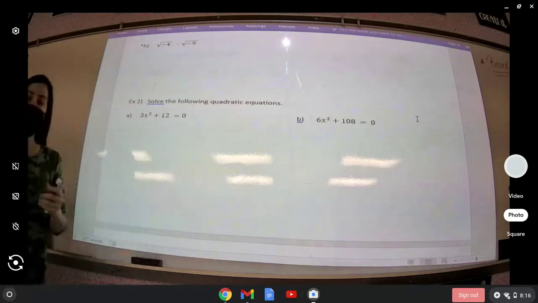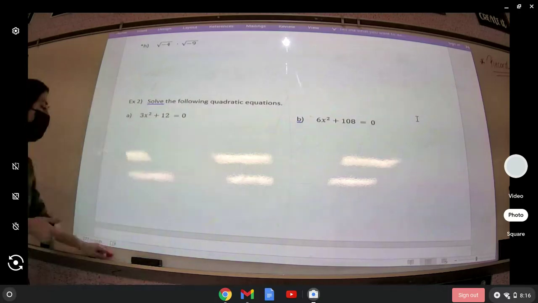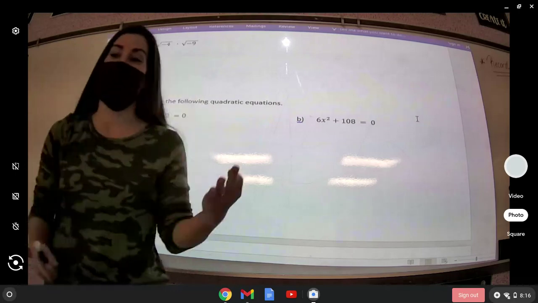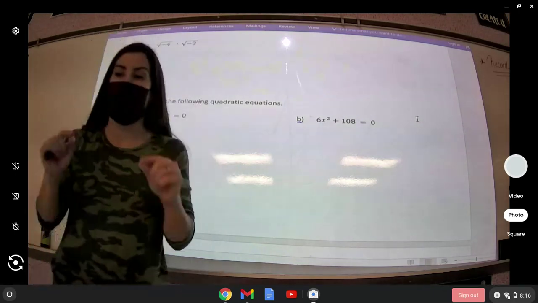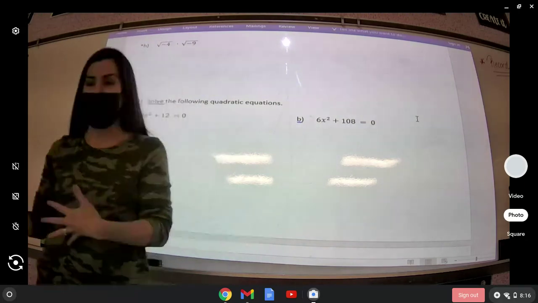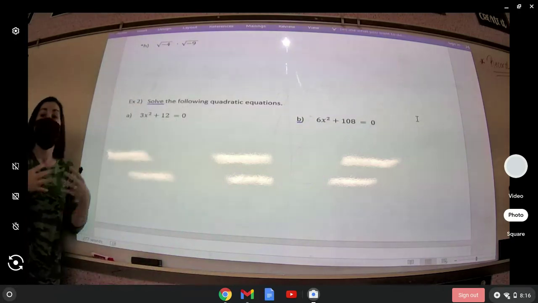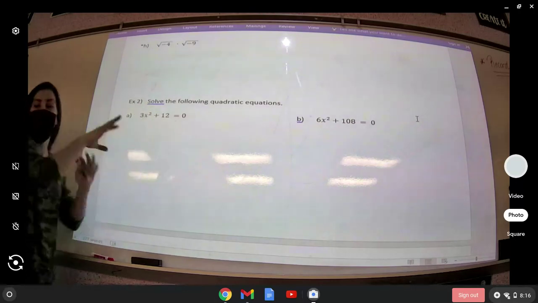Okay, so guys, let's pretend you were asked to solve the following quadratic equations, right? Well, you know how to solve a quadratic equation by factoring, by square roots, or the quadratic formula. But remember, only the quadratic formula is the one that will work every single time. But square roots will work sometimes, and factoring will work sometimes. So if you were asked to solve this quadratic equation, in my opinion, I right away notice that this does not have an x term.